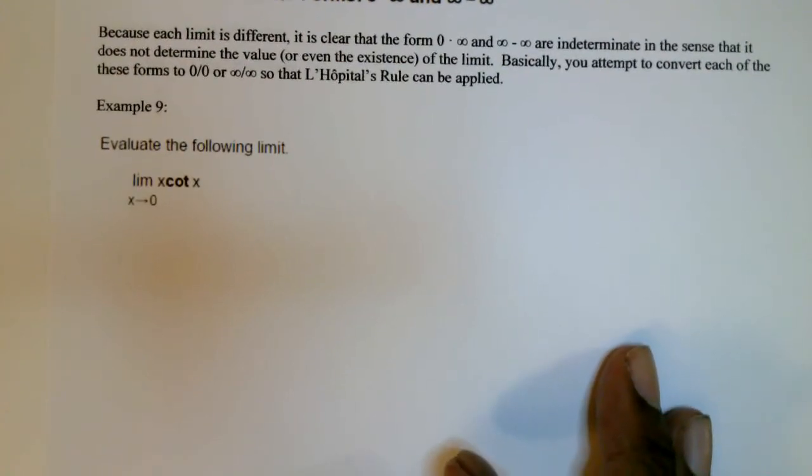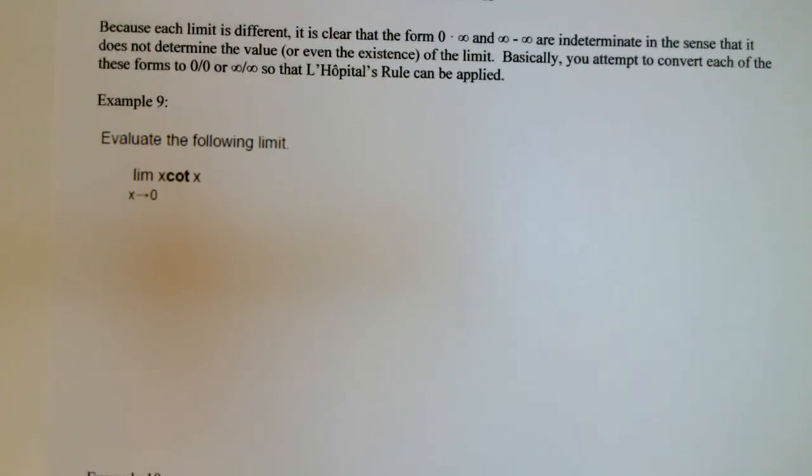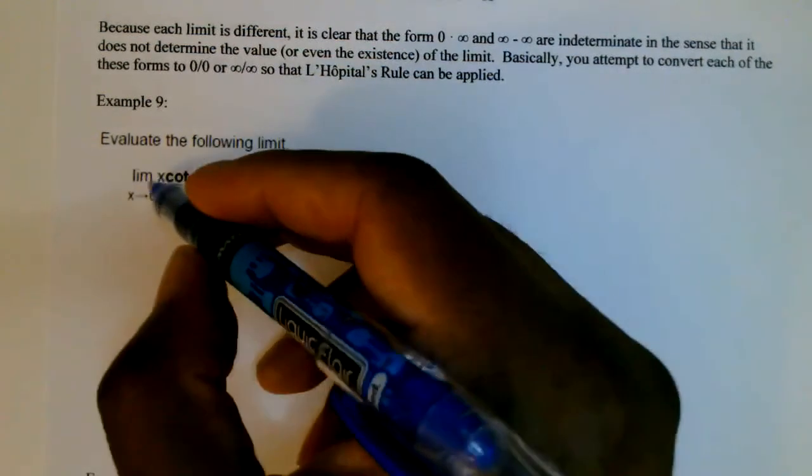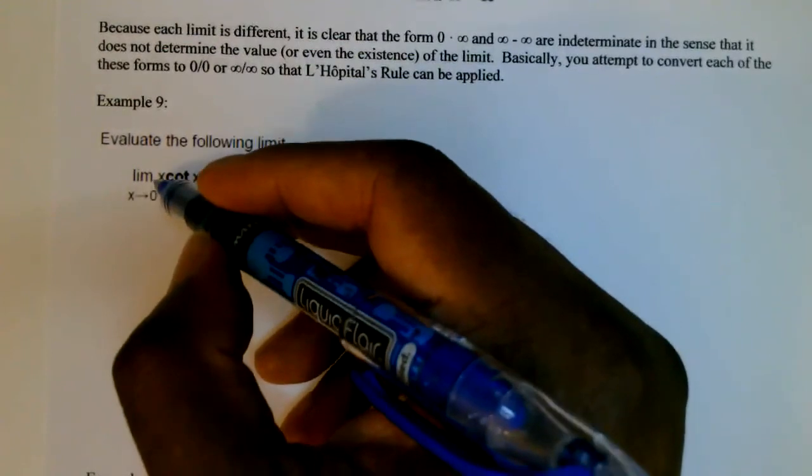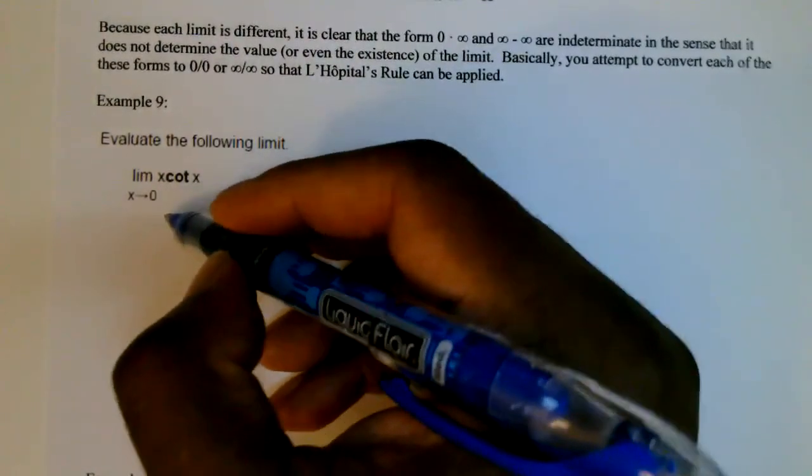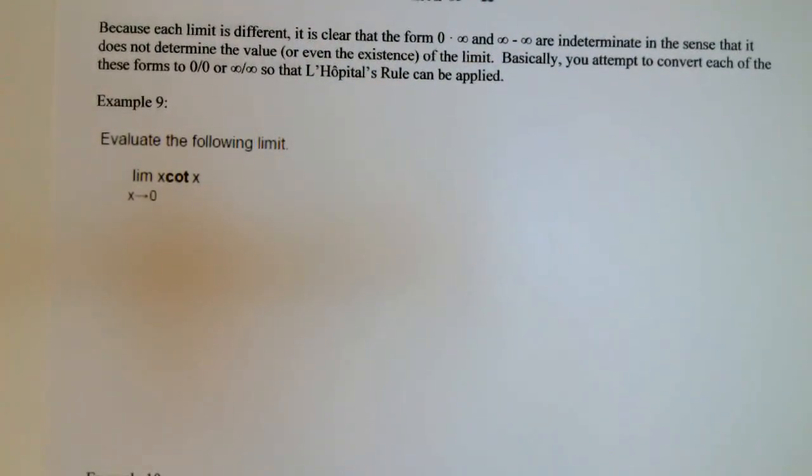Like in this example here, example 9. Let's say I want to evaluate the following limit: the limit as x approaches 0 of x times the cotangent of x. Well, if I substitute the x with 0, that's going to be 0 times the limit as x approaches 0 of the cotangent of x, which is going to infinity.